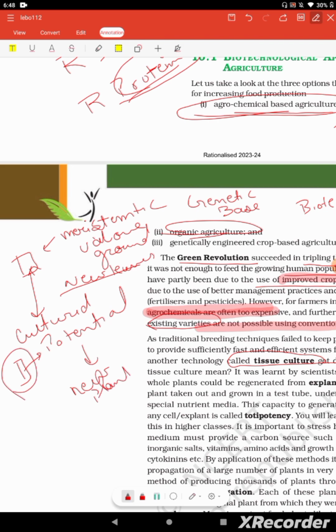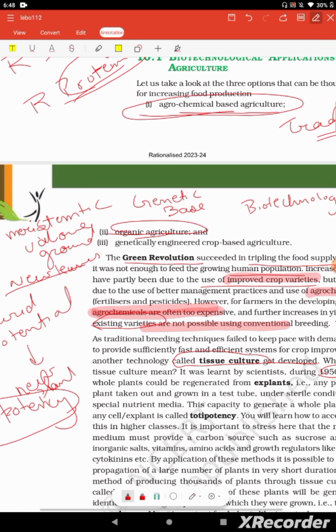That capacity to generate the whole new plant or whole new organism is known as totipotency. So totipotency is the potential of a cell or tissue that can make or develop a whole new plant from an old tissue or old plant.